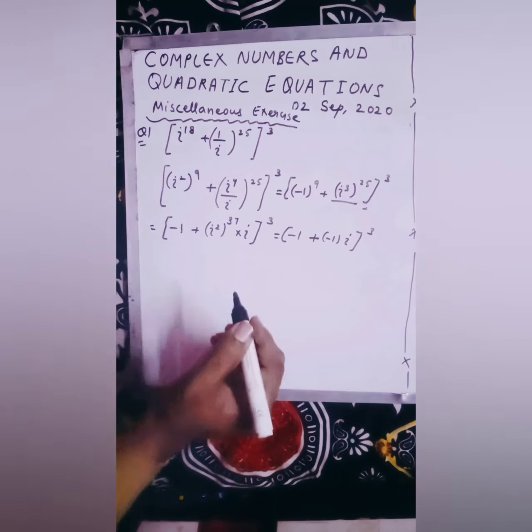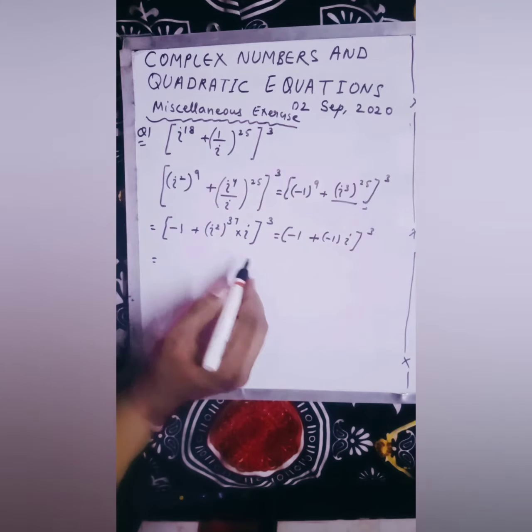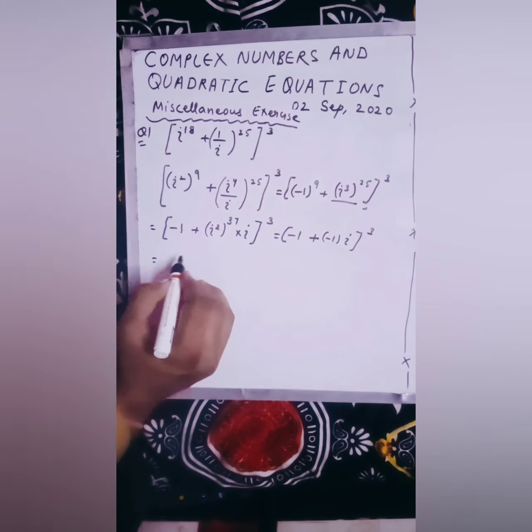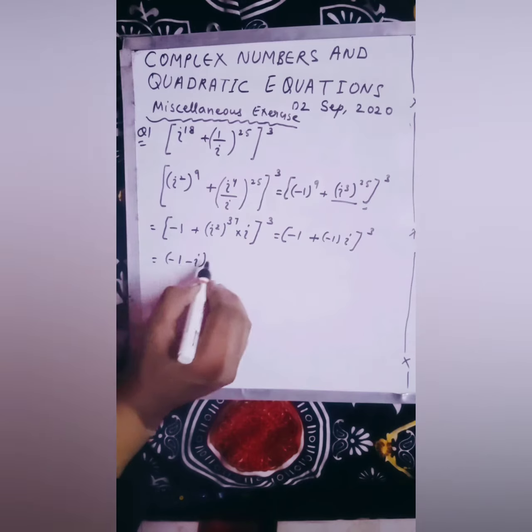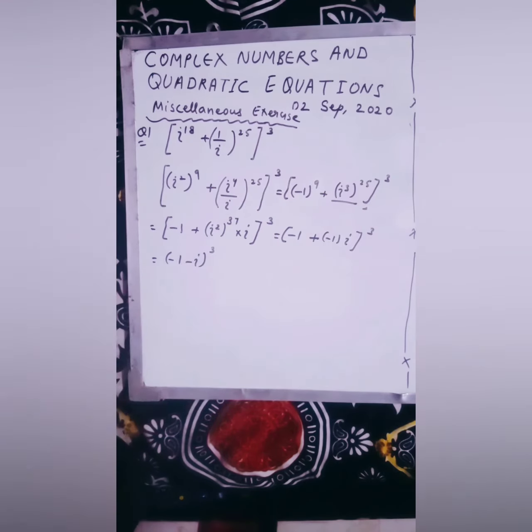Got it? Now after this, this will be -1, and this will be minus iota and whole raised to the power 3. Fine.